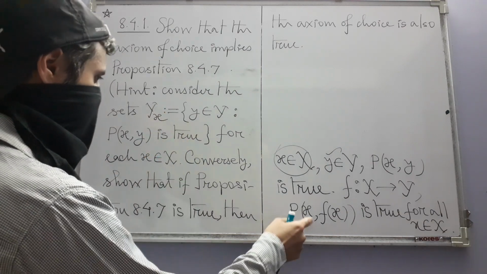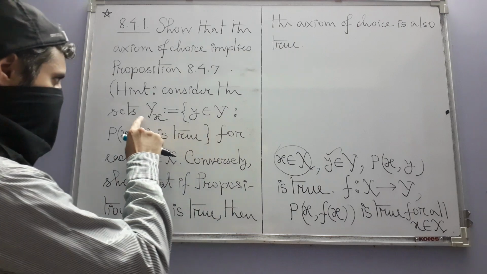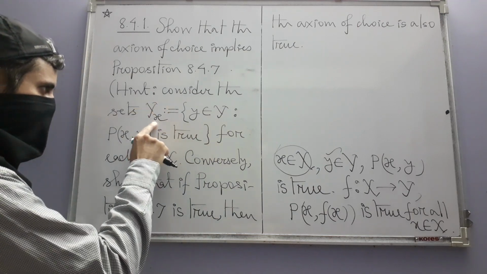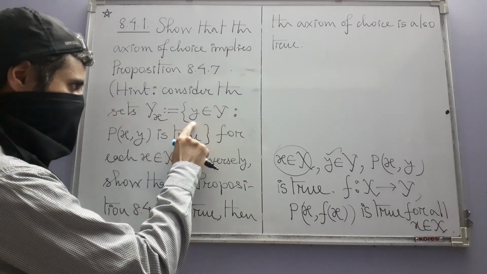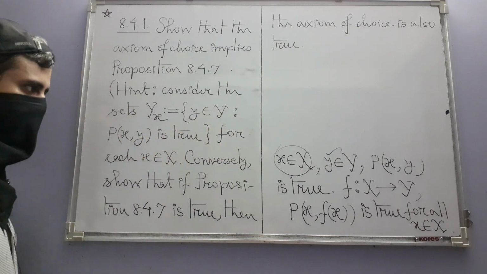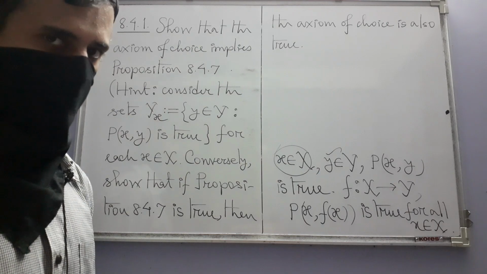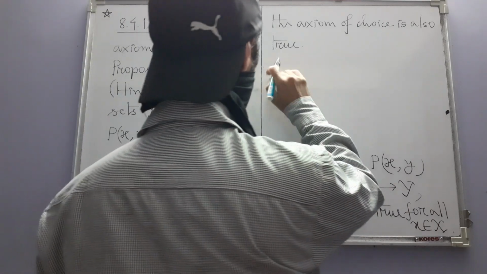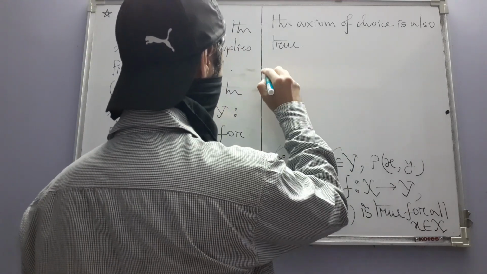For each element x in x, we will consider the set yx consisting of those elements of y for which this p of x comma y is true. So let's start the solution accordingly and see where we go.